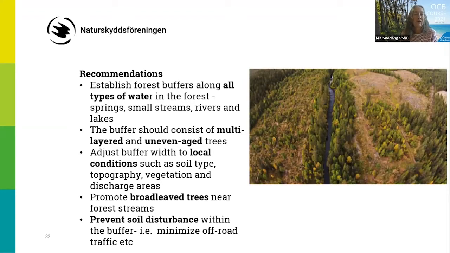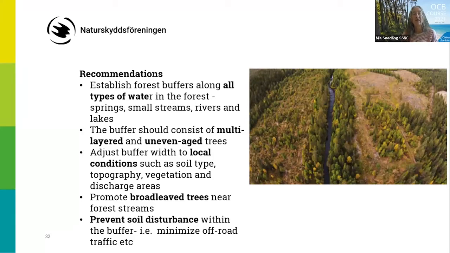And also it's good to prevent soil disturbance within the buffer, to minimize off-road traffic and so on. To leave the buffer strip untouched, because that's the main thing with the buffer strip.